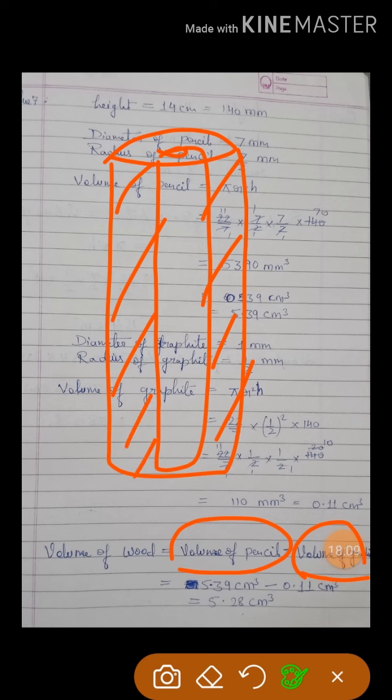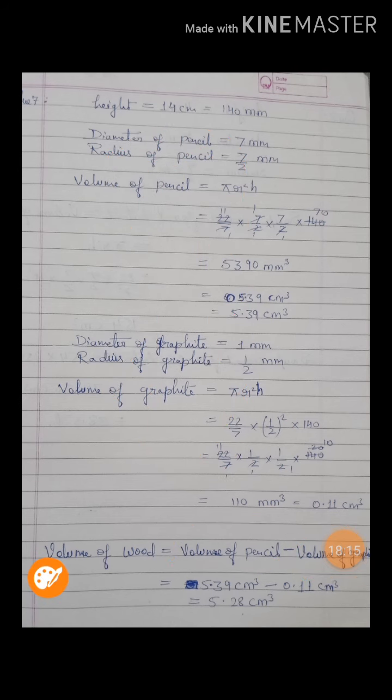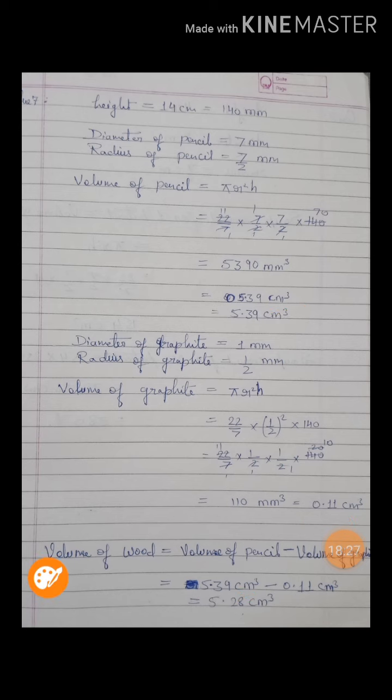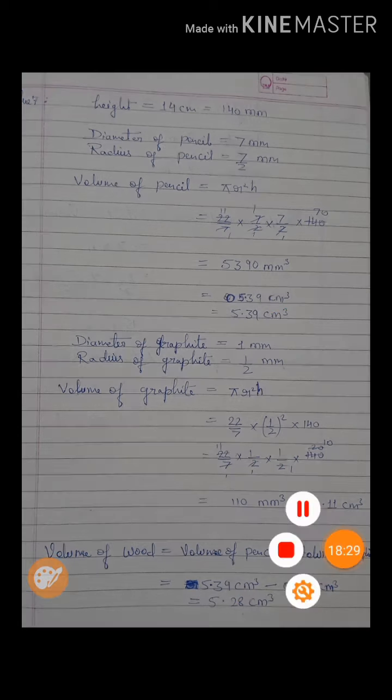That will be the volume of wood that we need to find. So volume of pencil we already have found, it is 5.39 put here, and volume of graphite is 0.11. So subtract and we shall get 5.28 centimeter cube.